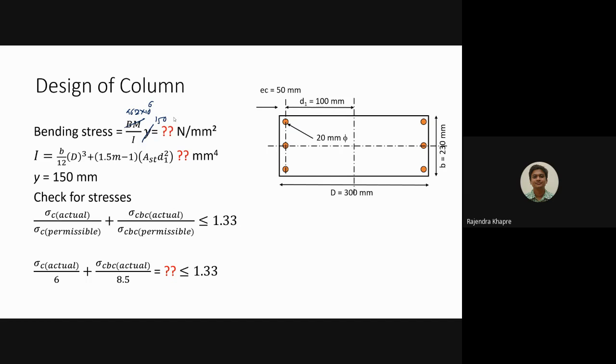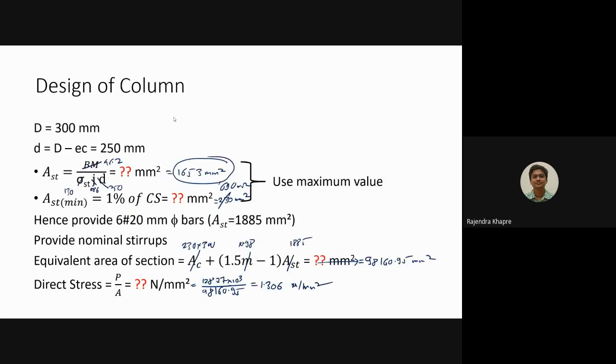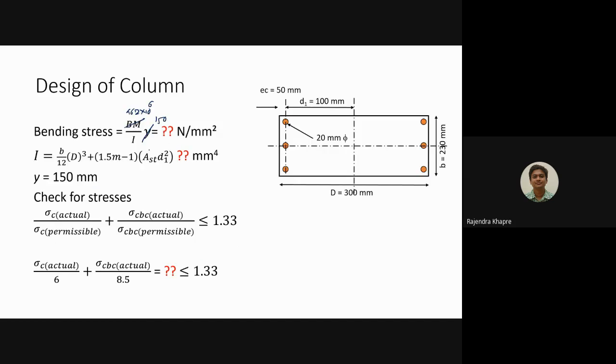Now this Ast has to be taken from both sides, because there are 3 bars here and 3 bars on the other side too. So you already know the value of Ast provided, that is 1885. D1 value is 100. M value, I think it is 10.98. Your B value is 230 and your capital D is 300.